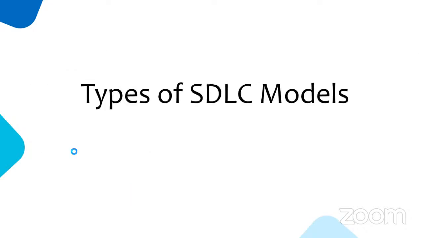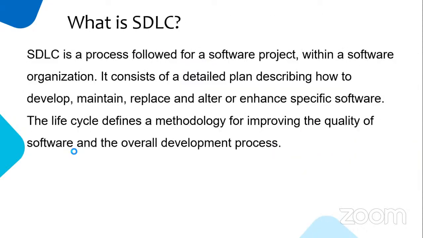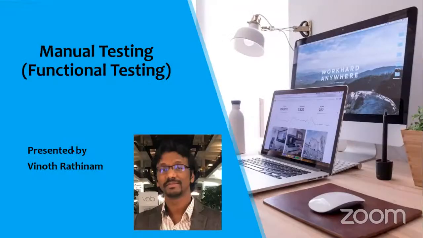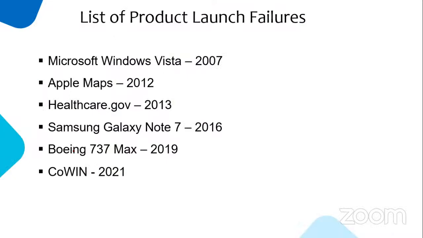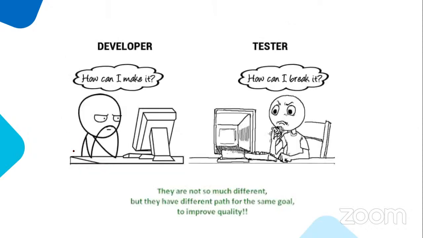So we'll see this. Before that, a short recap on yesterday's topic. We understood testing launch failure. So many companies who didn't give importance to testing faced some issues when they launched the product. So we understood testing is one of the major important factors, equivalent to development. Our main objective is to break the product or find the fault.